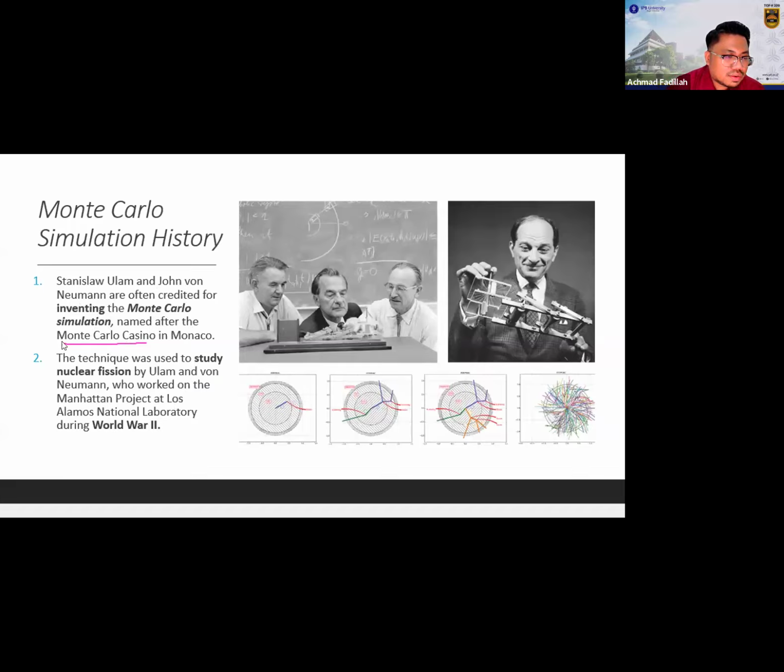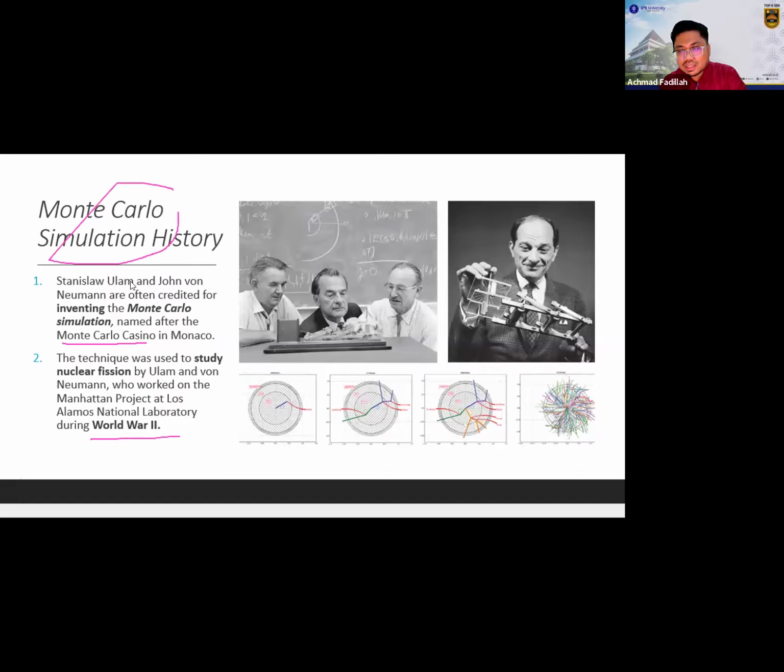And the technique was used for nuclear fission. That's about the nuclear program from these two researchers, who worked in the Manhattan Project at Los Alamos National Laboratory during the World War. Actually, Monte Carlo simulation was inspired by the nuclear program.